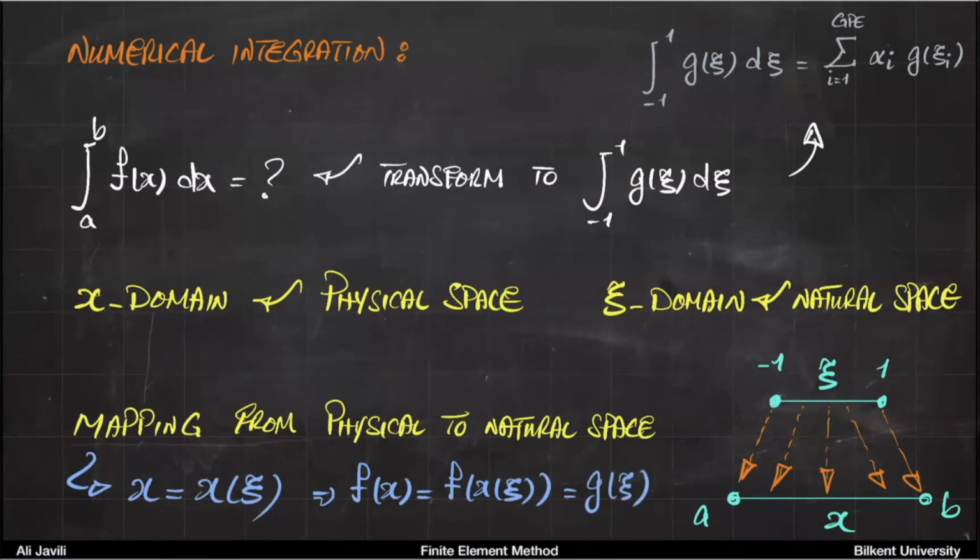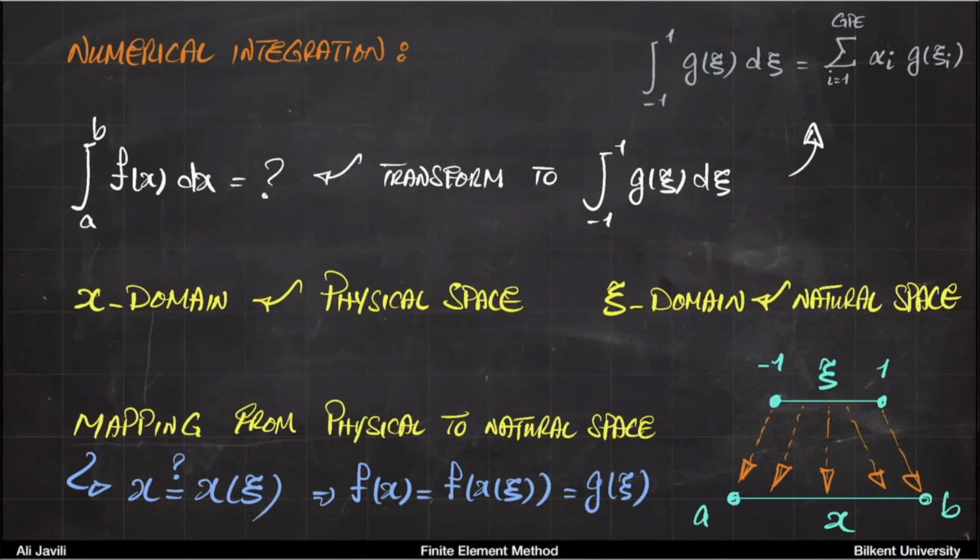That transformation is automatically done, because then this is only a function of Xi. Also, if you know x is a function of Xi, then you can easily calculate dx in terms of dXi. So really the question is, what is x as a function of Xi? This is the question we want to answer.